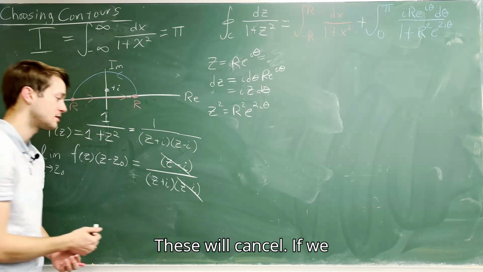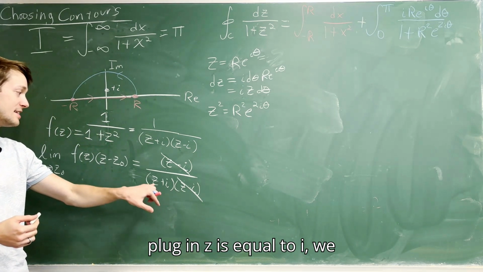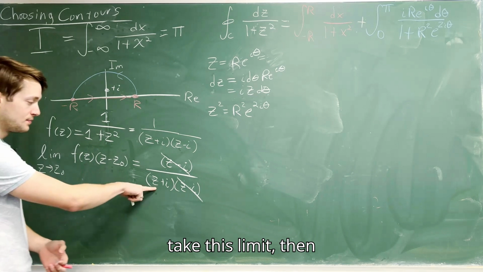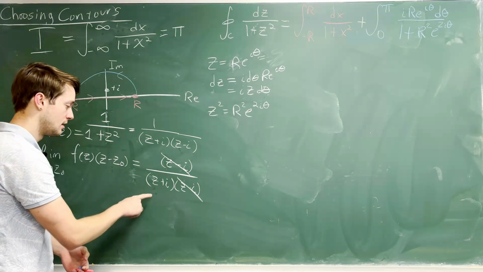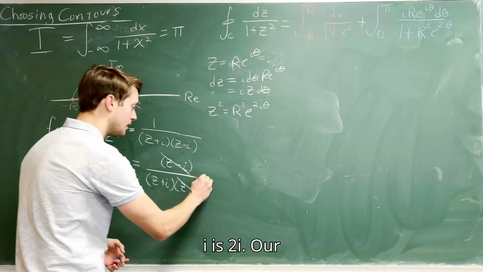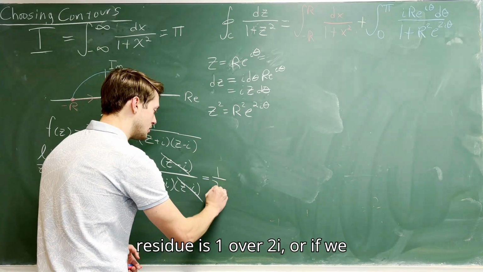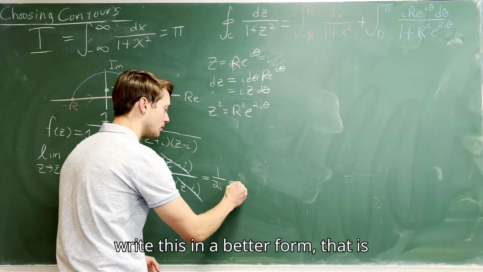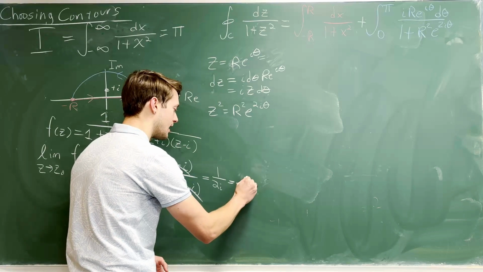These will cancel. If we plug in z is equal to i, we take this limit, then we have i plus i is 2i. Our residue is 1 over 2i, or if we write this in a better form, that is minus i over 2.